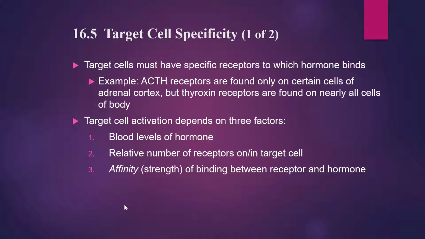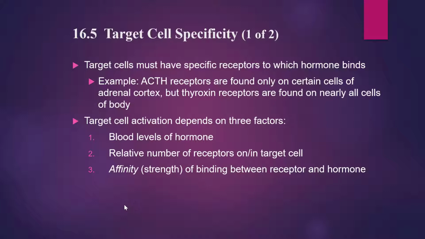Okay, let's take a look at target cell specificity. All target cells have specific receptors to which the hormone would bind. An example of this would be adrenocorticotropic hormone receptors, which are found only in certain cells of the adrenal cortex. So the adrenocorticotropic hormone will only act on the cells of the adrenal cortex that bear the receptor it is specific with.